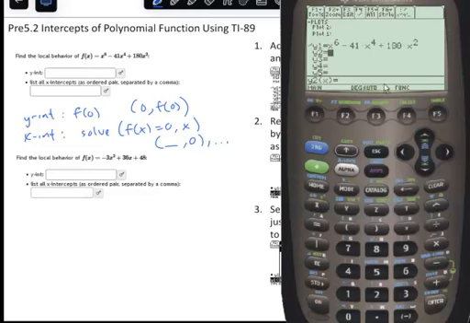All right, so there it is. Again, just double check, make sure that it's entered the way that you were expecting it to be entered.